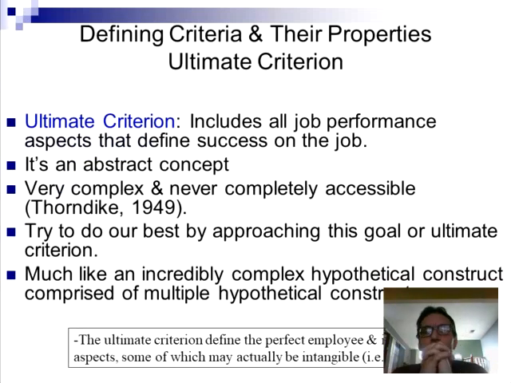So when talking about criterion, we need to talk about two different things we're going to break down: the ultimate criterion and the actual criterion. Okay? The ultimate criterion is in some way, remember that concept of hypothetical constructs that we had the other day. A hypothetical construct is an imaginary thing that doesn't actually exist. Okay? And so the ultimate criterion in some way is going to define the hypothetical construct of a good worker, something of that nature.